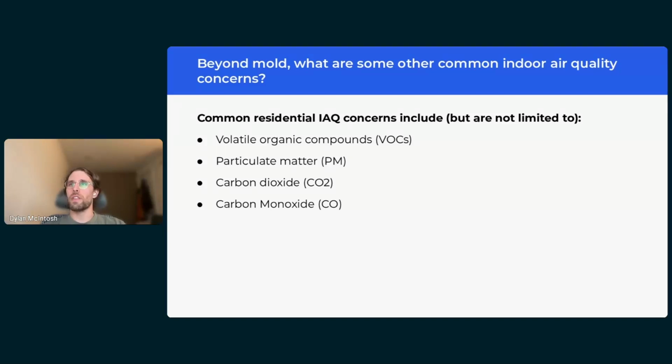Particulate matter, that's just generalized particles and debris in the air. These are microscopic in size. The classes, you may be familiar with PM10, which is typically used for outdoor air quality. You can assess a good idea of your city's outdoor air quality by looking at things like PM10.